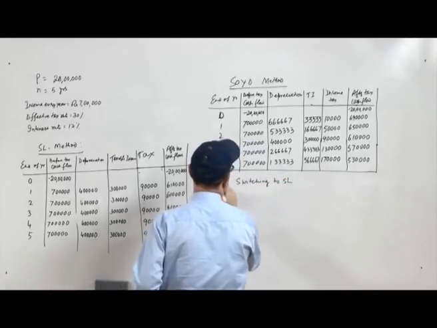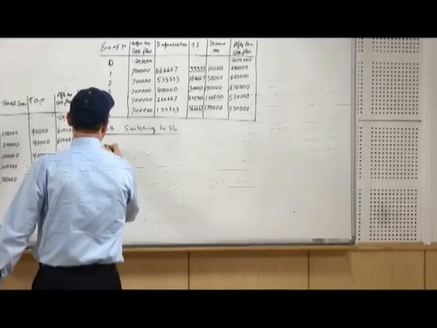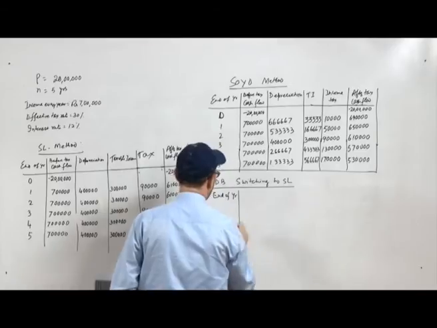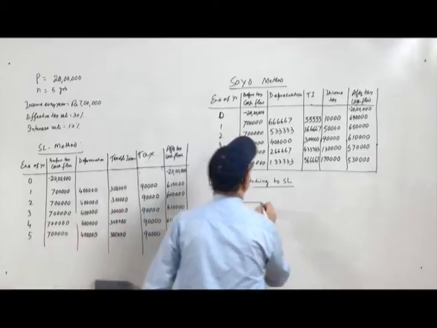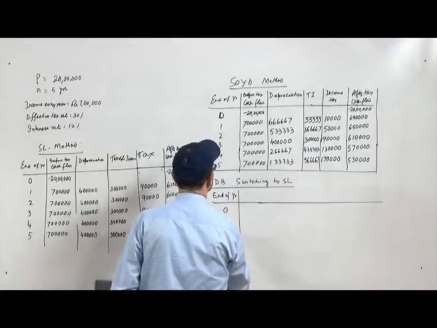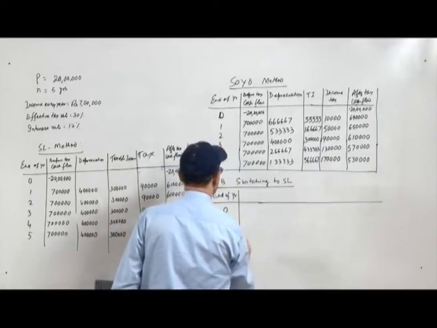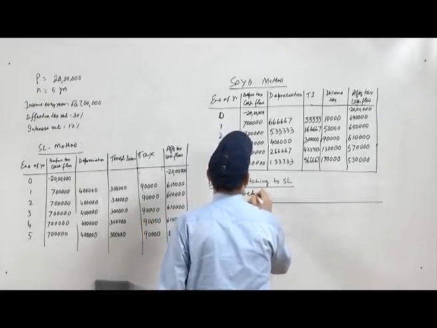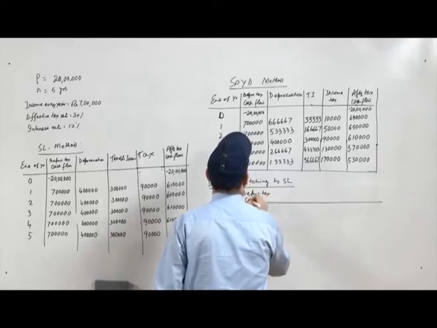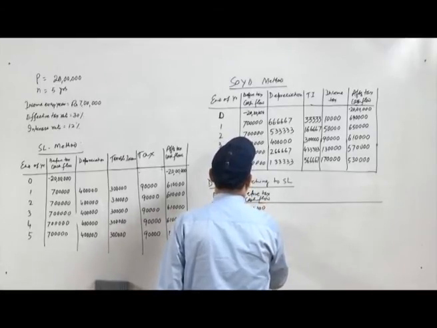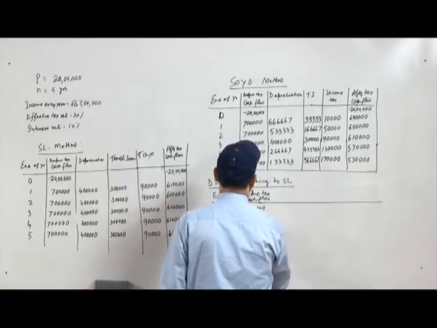In this case we will have the table, and again we have the before tax cash flow of minus 20 lakh at time 0 and then 7 lakh as income every year.